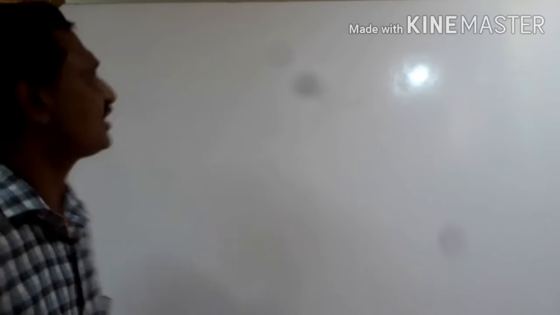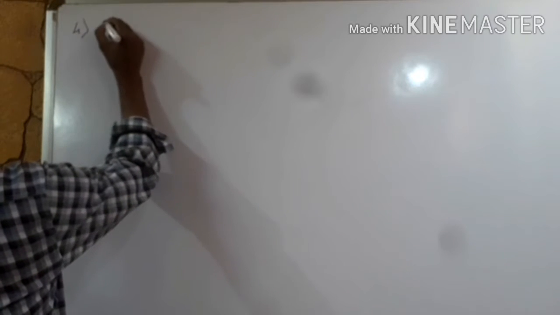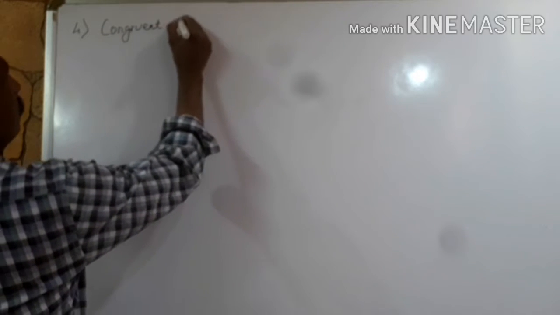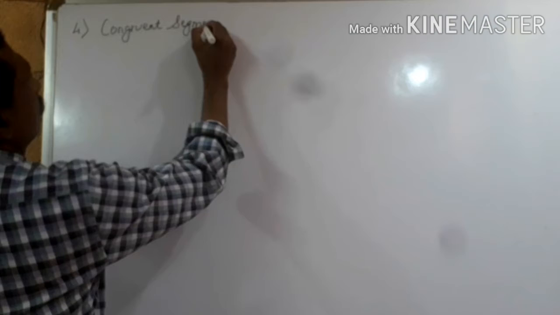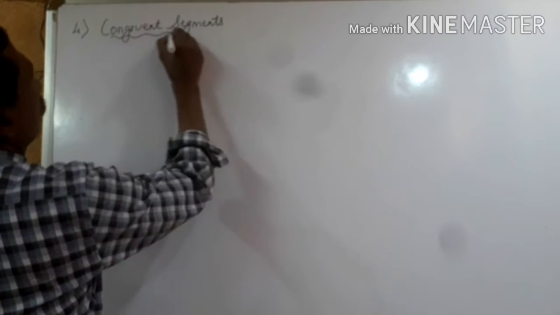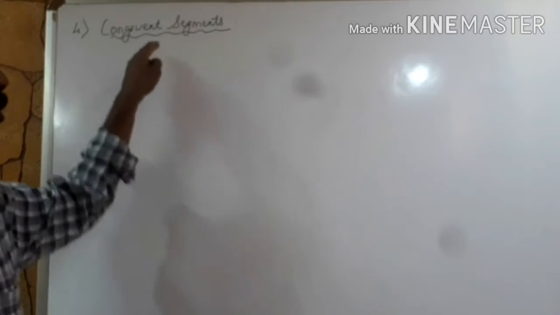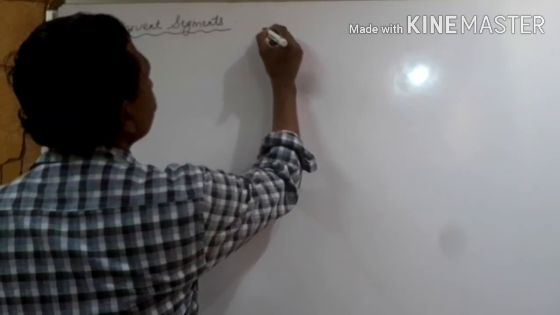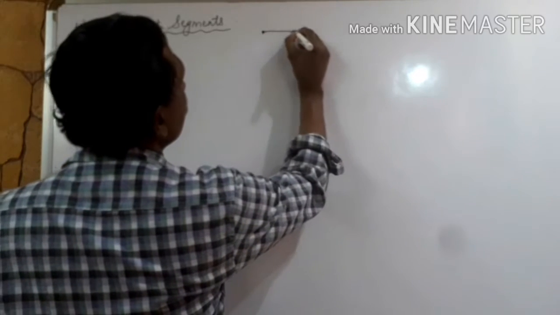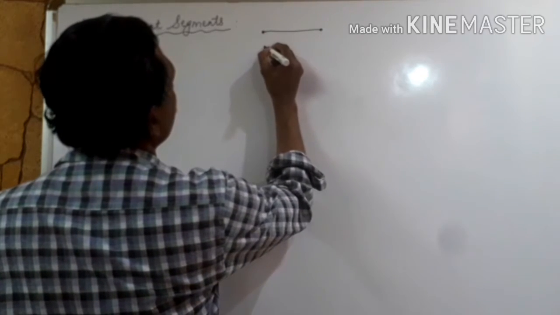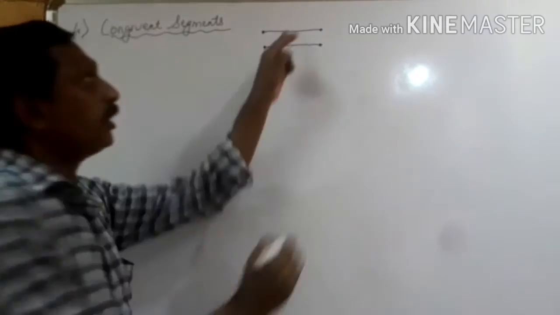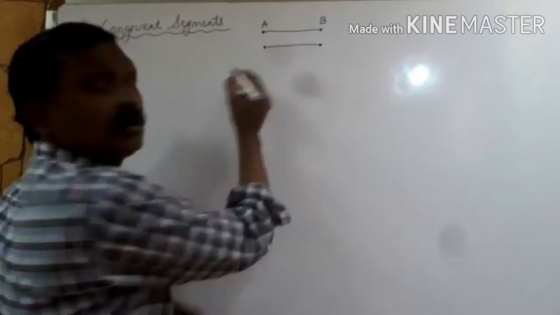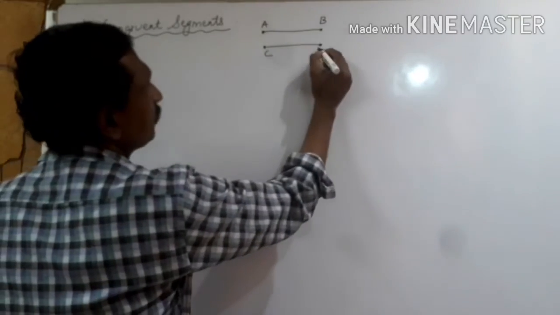Fourth one, congruent segments. You know very well what the word congruent itself tells us. Let's draw two segments. We name this AB and this CD.